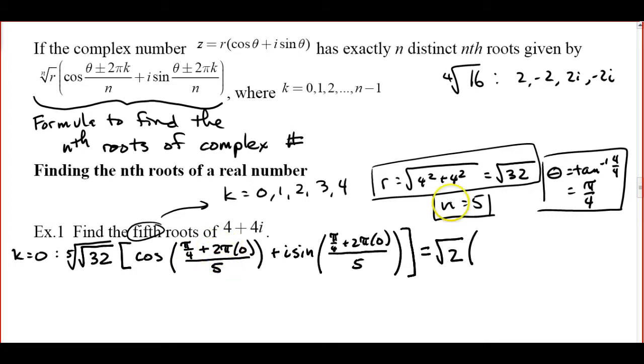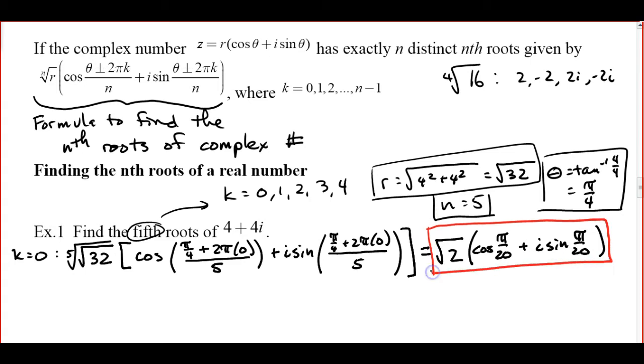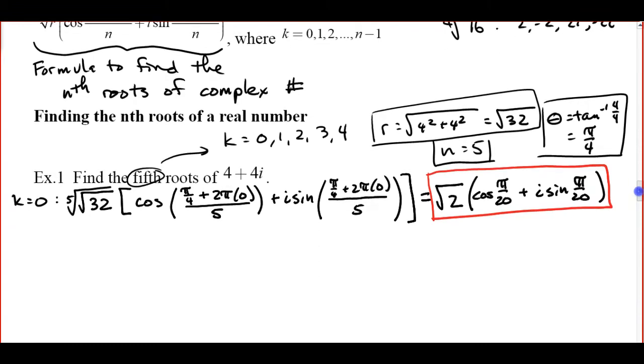So that's going to be the cosine of pi over 20 plus i times the sine of pi over 20. So this gives us our first root here, and then we're going to do this 4 more times. After a while you should see a pattern forming.